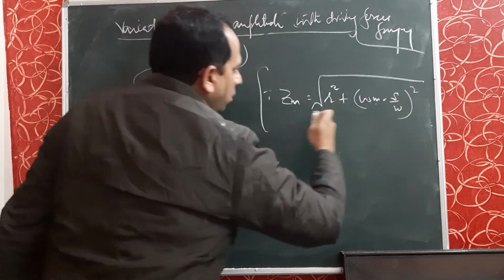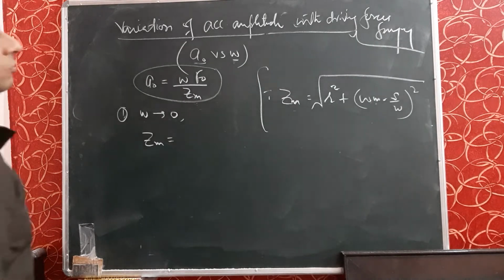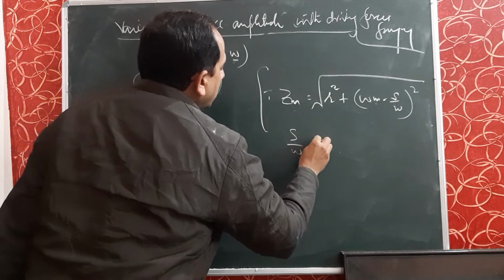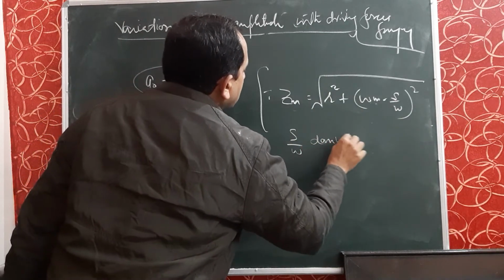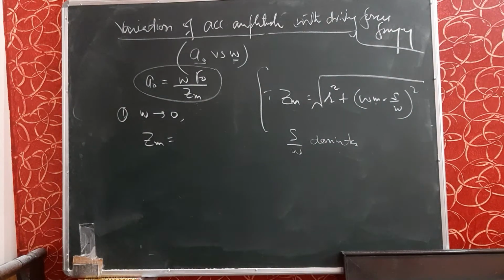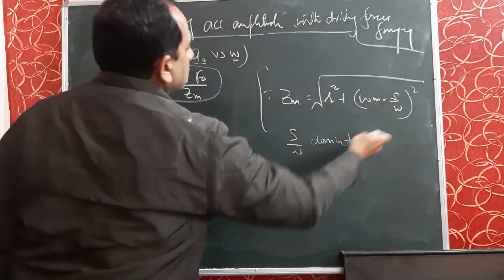Among all three terms, the last term s by omega will dominate. S by omega dominates among all terms. Therefore, we will omit these two terms and consider only the third one.